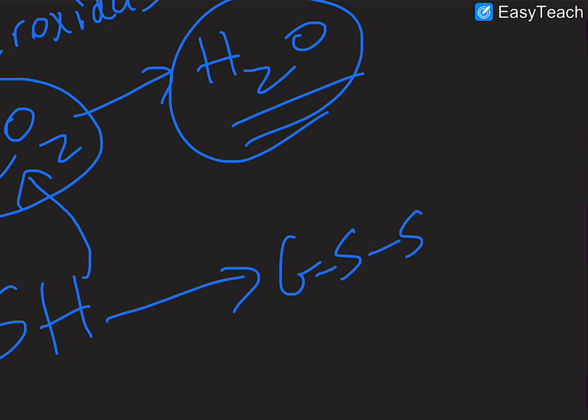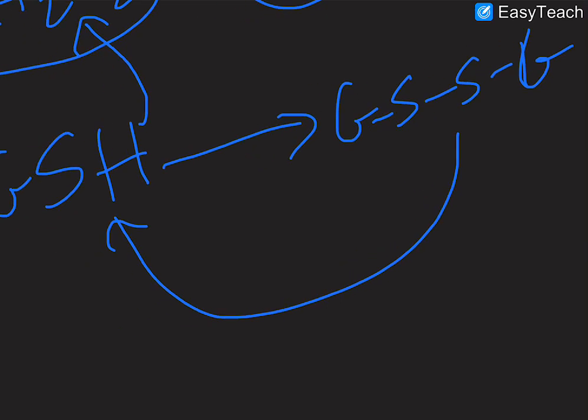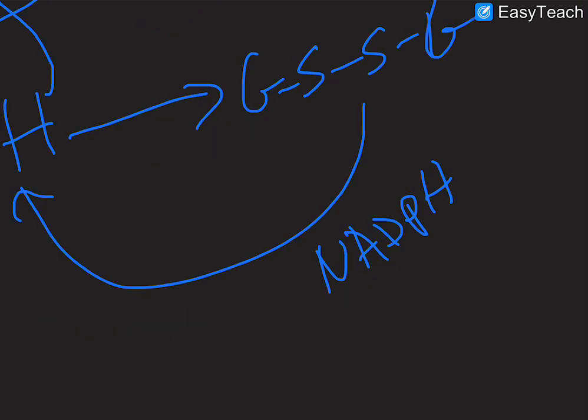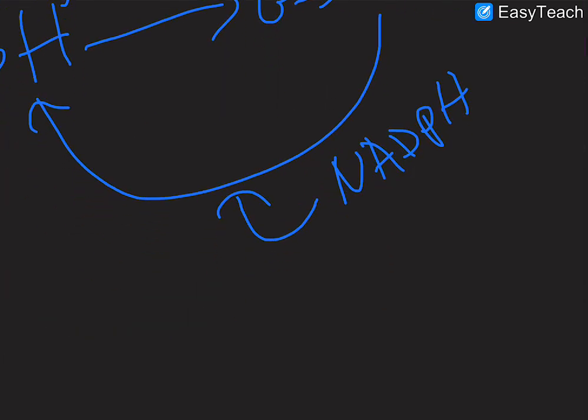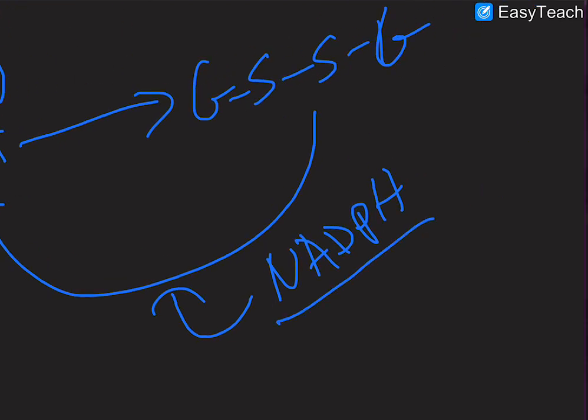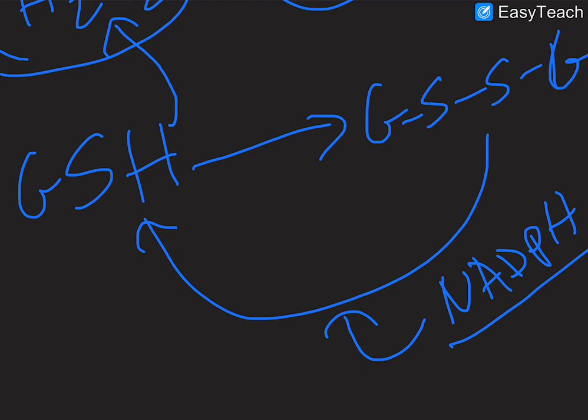So who's going to reduce this back into the reduced form of glutathione? The answer is NADPH. NADPH will reduce the oxidized form of glutathione into the reduced form, so NADPH must be highly important for the glutathione antioxidant to do its job.